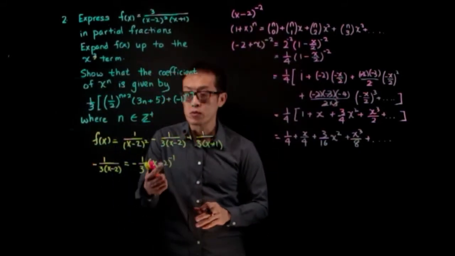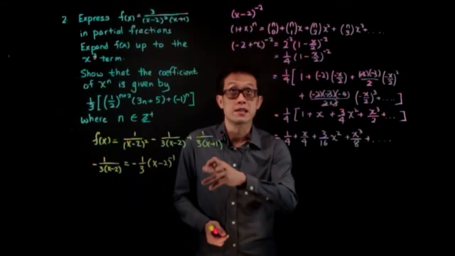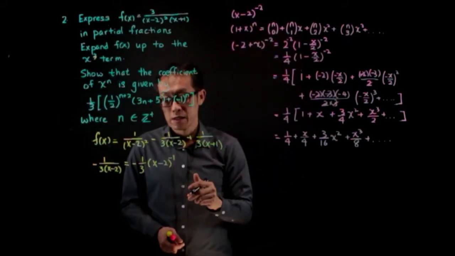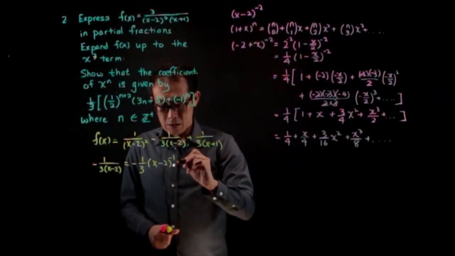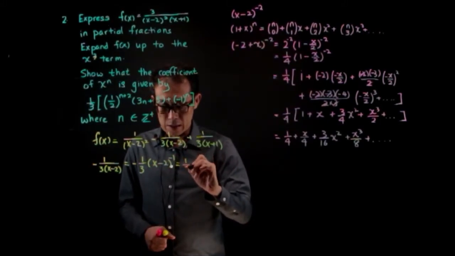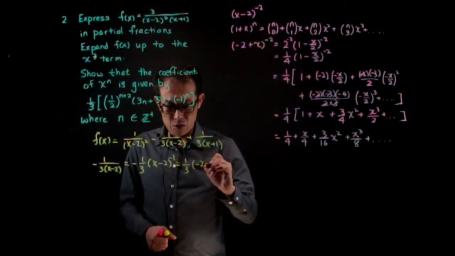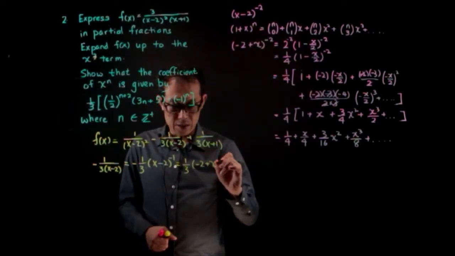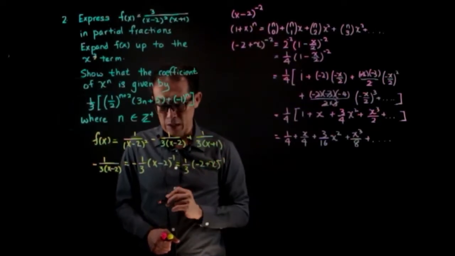Now you want this to be in ascending powers of x. Just like this, you have to put the x behind. So now you got minus 1/3 times minus 2 plus x to the power of minus 1.